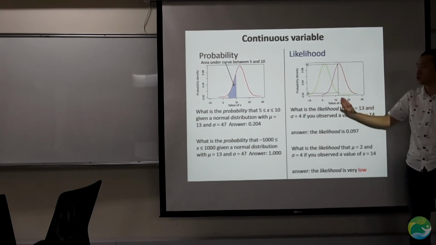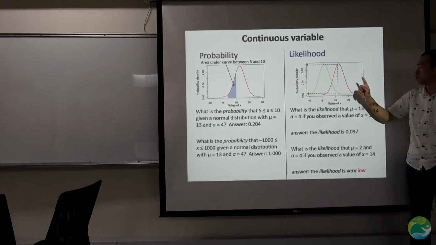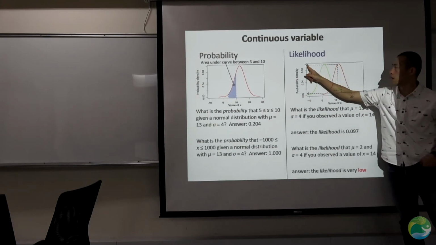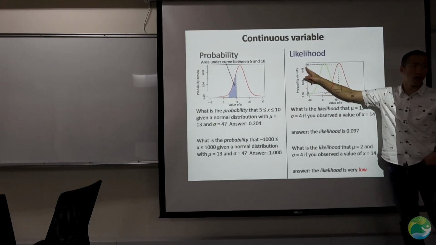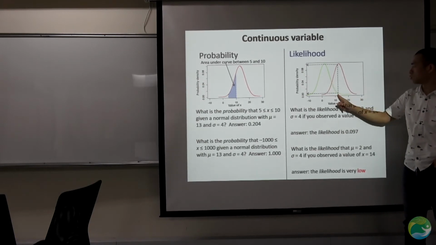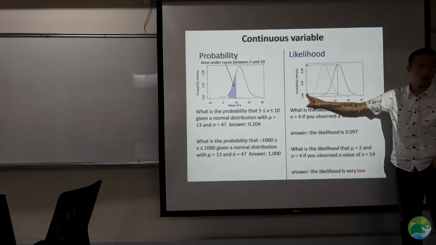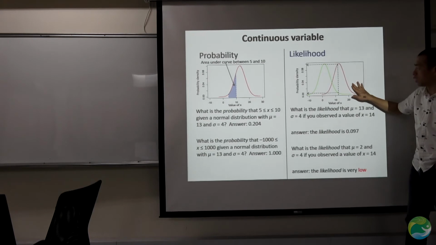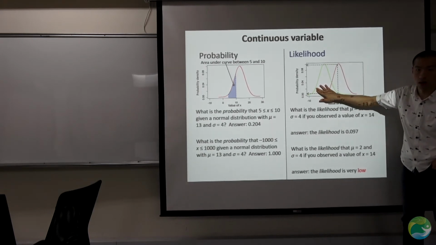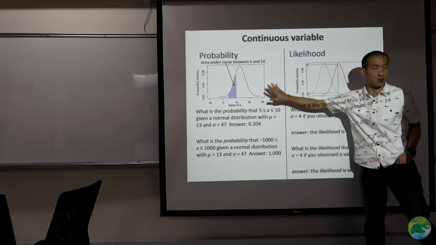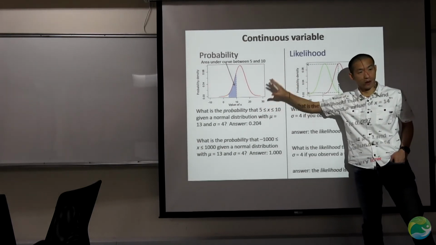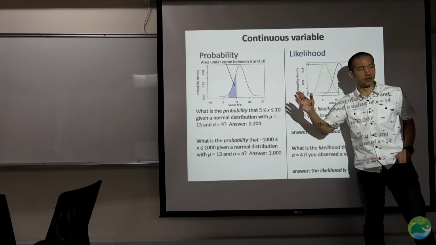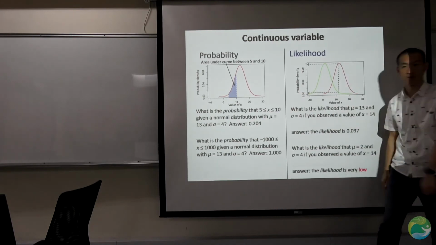Given this fixed outcome, the result tells us the greater one is more likely, because the likelihood is more than 0.08. But for this one, it's very small. So this parameter is more likely than this one. Okay? So this is the likelihood, and this is the probability. They are both talking about probability or likelihood, but what is fixed is different. Don't confuse them. All right.